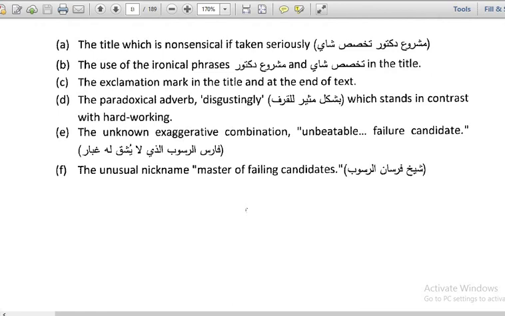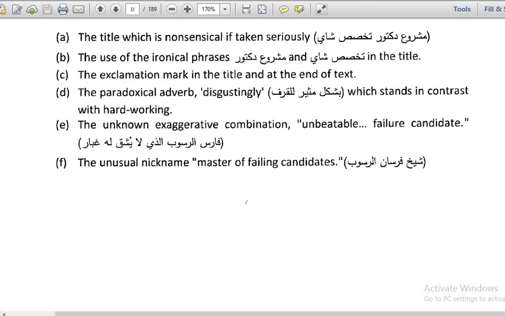The title, which is nonsensical if taken seriously, the use of the ironical phrases مشروع دكتور تخصص شاي, the exclamation mark in the title and at the end of the text, the unusual exaggerative combination, unbeatable failure candidate, the unusual nickname, master of failure.